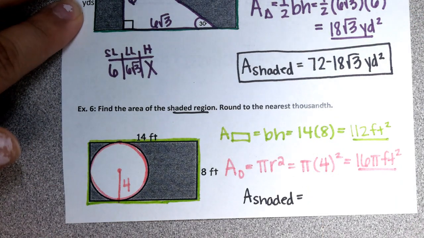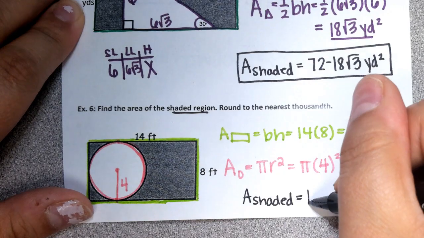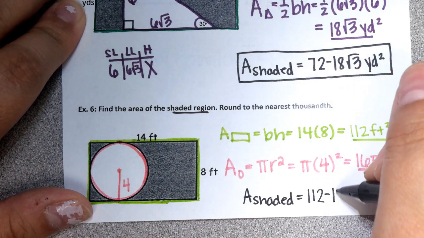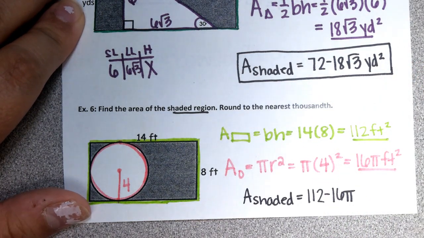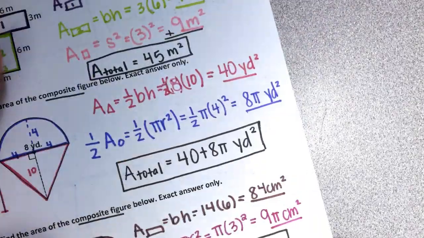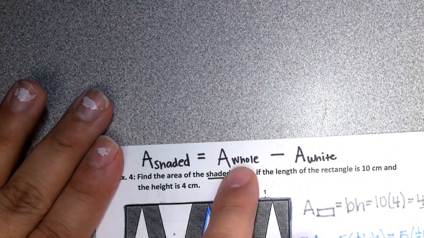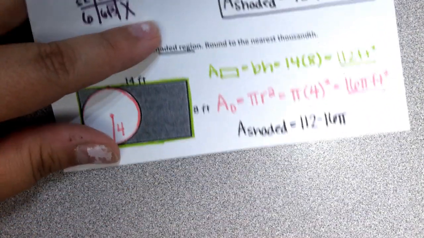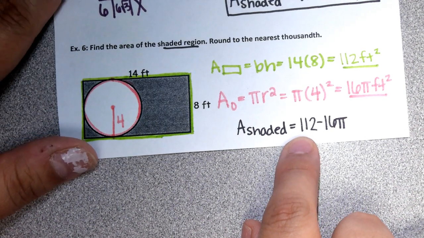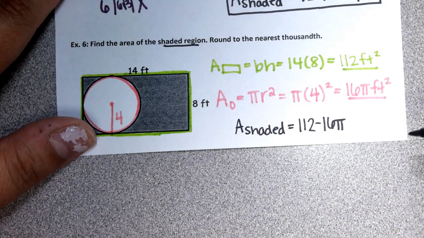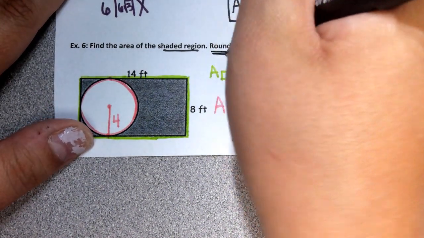What am I going to do with these two numbers? Does it matter which one goes first? Yes. So over here it does not matter because we're just adding. But right here, what has to go first? The whole thing. So just be careful because I know y'all got used to switching them on the last one. However, hold on, this is wrong. It tells you to round.